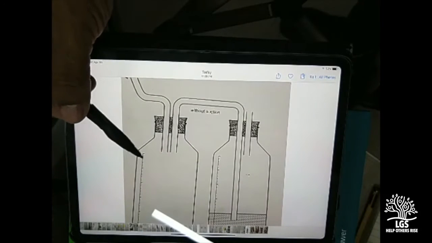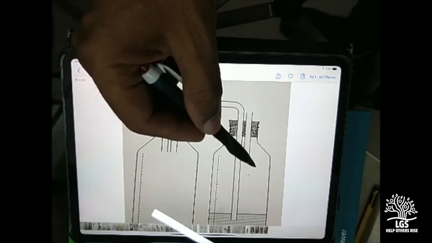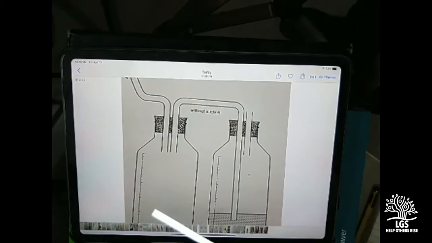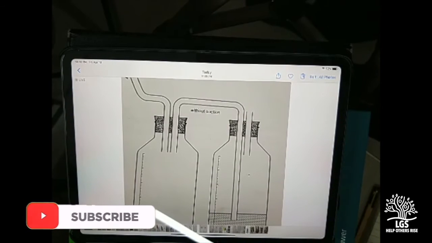This is the reservoir bottle. It is followed by a trap bottle. The point of having a reservoir bottle is that you have exact measurement of fluid without mixture with saline.